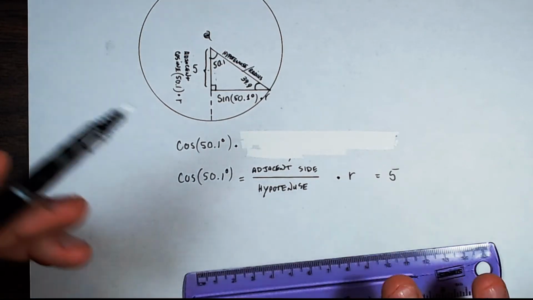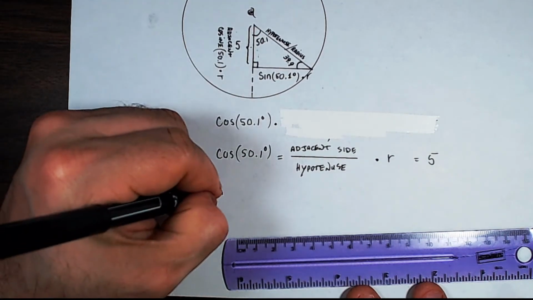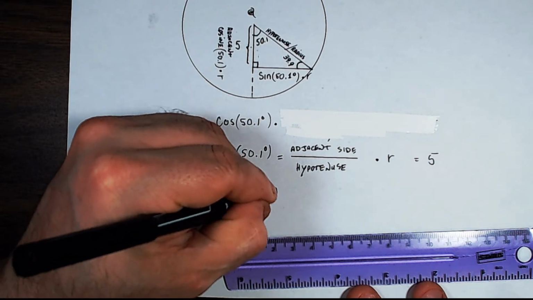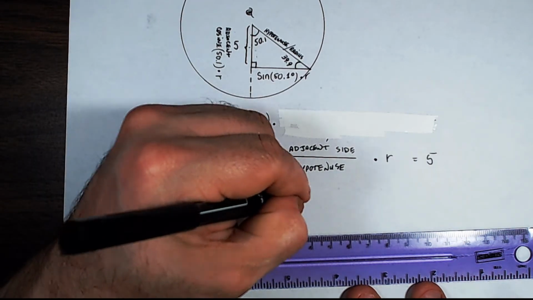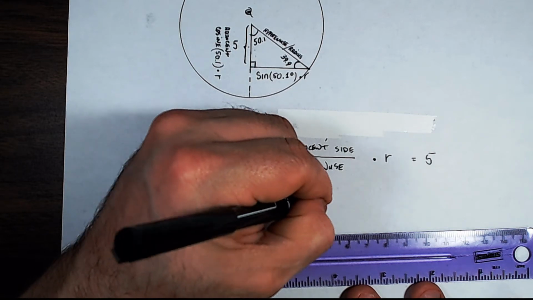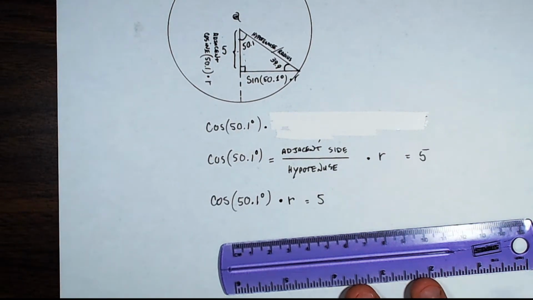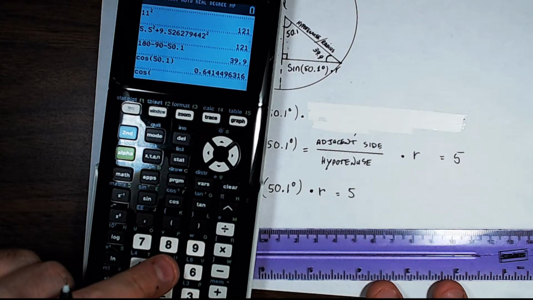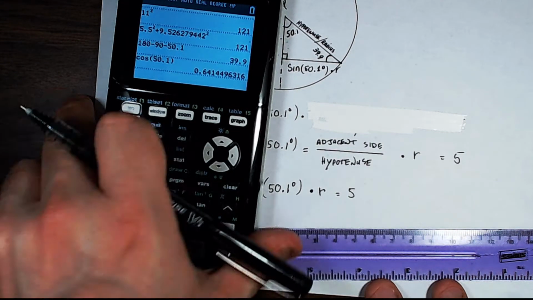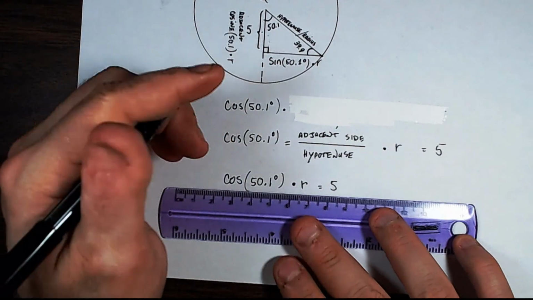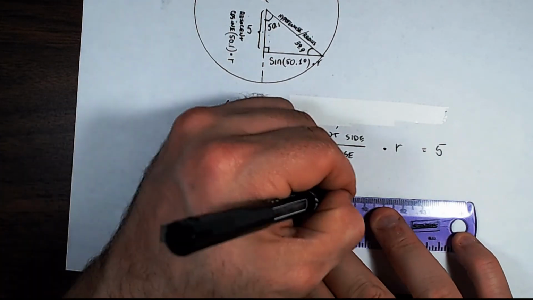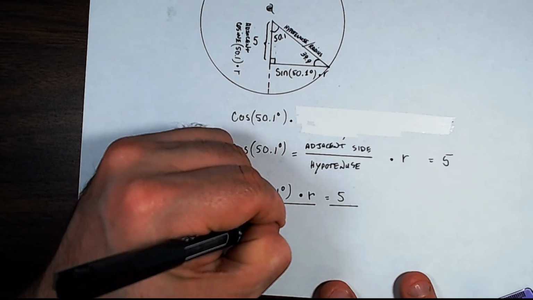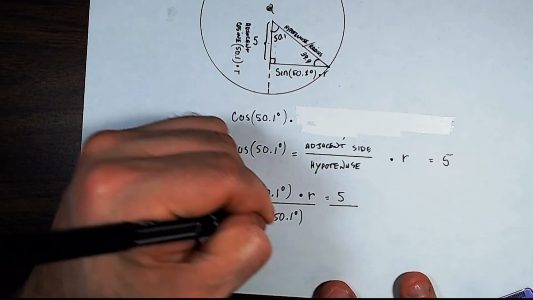So here's my situation. Cosine of 50.1 degrees multiplied by a number that I don't know, the radius, is equal to 5. Sorry. If I want to know what the radius is, I divide both the left and the right side of the equation by the cosine of 50.1 degrees.